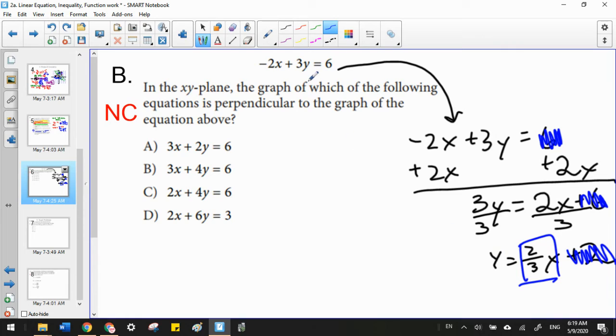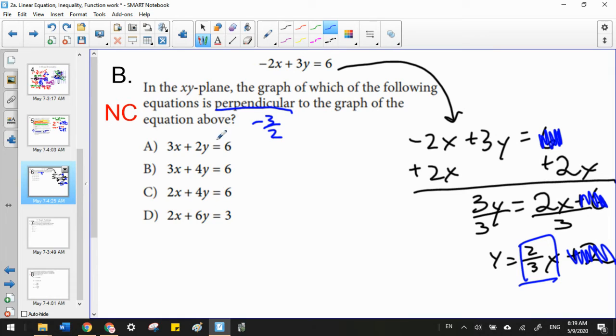So the slope I have for this equation is 2/3. So when I look for a perpendicular slope, I know the goal is for me to find the slope of -3/2. So now in all 4 equations, I'm hopefully going to find -3/2.